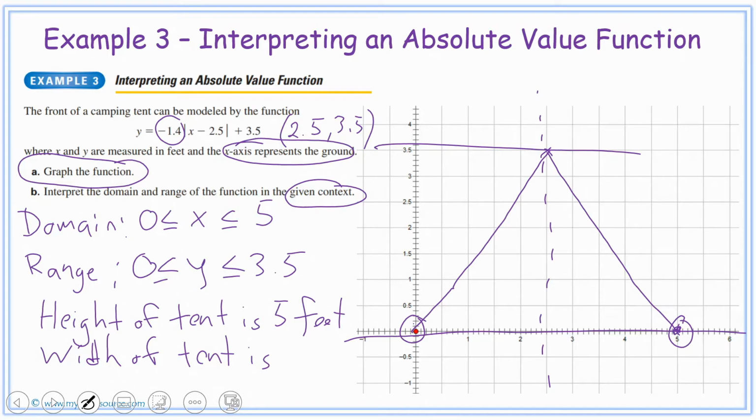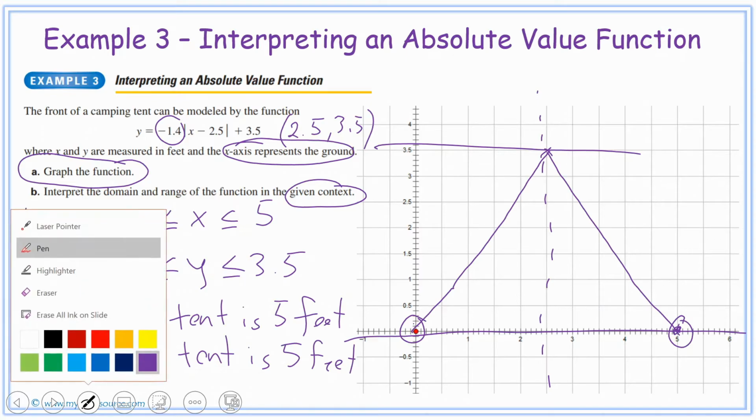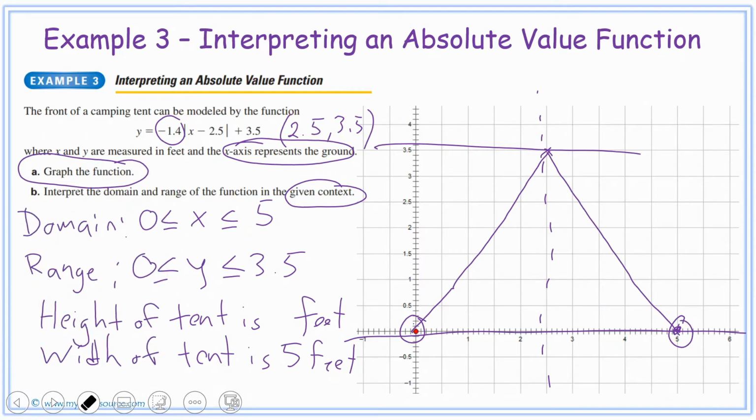Actually, I said 5 feet again. That should have said 3.5. I built my way up to it and still said 5. So that's 3.5 feet, the height, as I was showing here. So the height of the tent is 3.5 feet and 5 feet wide. So a 5 foot wide tent, 3.5 feet in height.